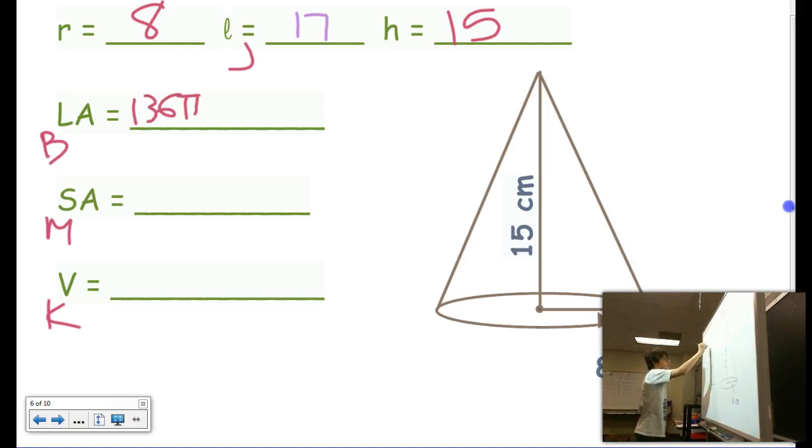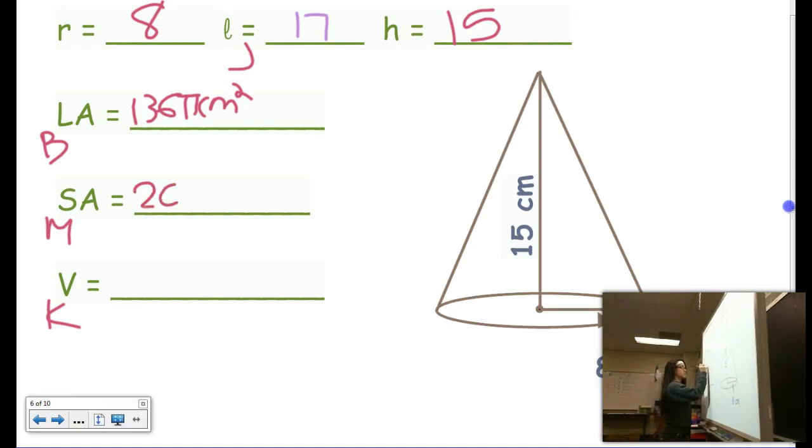When we do this, do we attach pi at the end? At the end. You don't press the pi button, you attach it at the end. So you take what he found, 136. Is 136 right?